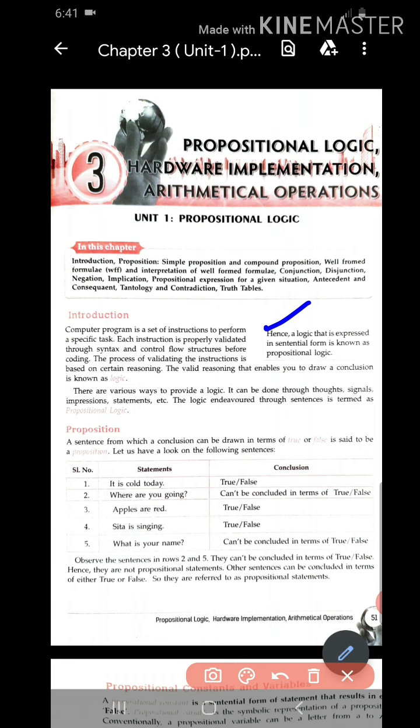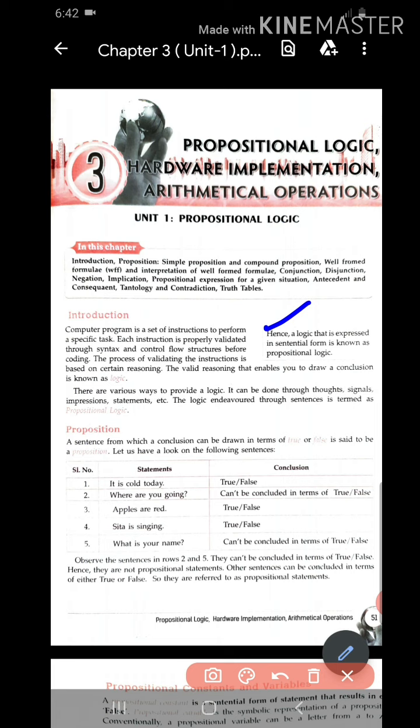Means a sentence that we are writing in English, that sentence provides us some conclusion. That conclusion is in the form of true or false. These kinds of sentences are known as propositional logic, a logic which provides us a conclusion with the help of sentential form, that is propositional logic.